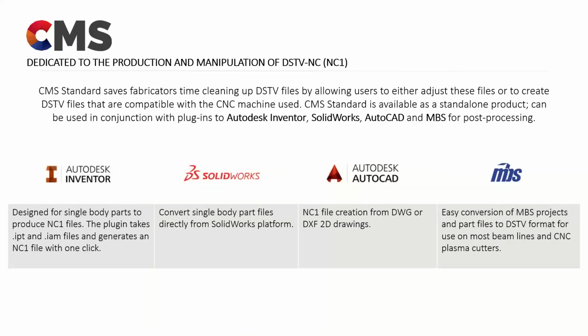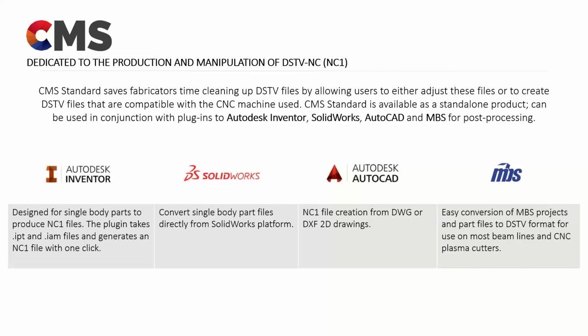As we already know in this CMS arena, we do have a CMS standard that can manipulate and do a correction on your existing NC1 file. Additionally, we have solutions that run on Inventor, SolidWorks, AutoCAD, and MBS as well, that create the NC1 file from there.